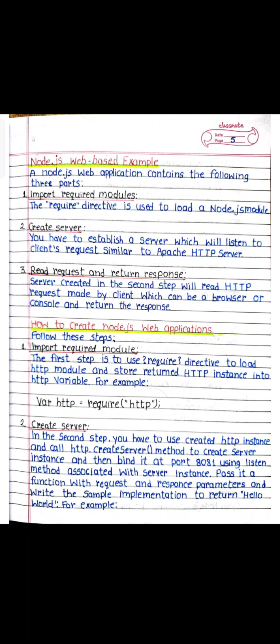Create server: in the second step, you have to use the created HTTP instance and call the http.createServer method to create a server instance, and then bind it to port 8081 using the listen method associated with the server instance. Pass it a function with request and response parameters, and write the sample implementation to return Hello World.